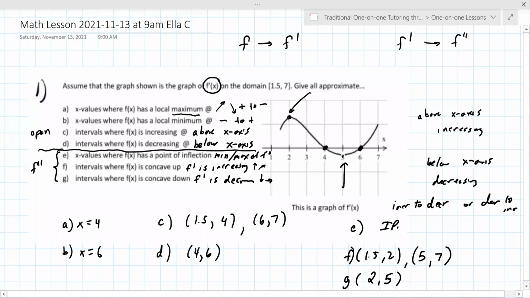So like at 2, notice it's going from increasing to decreasing. So that's an inflection point. Down here at 5, it's going from decreasing to increasing. So that is also one.